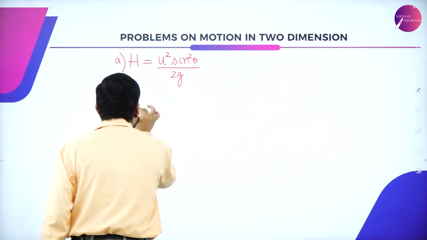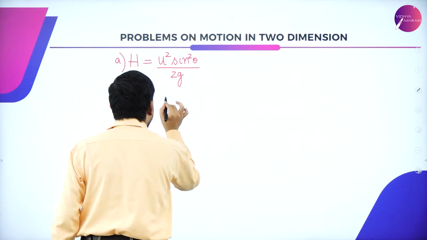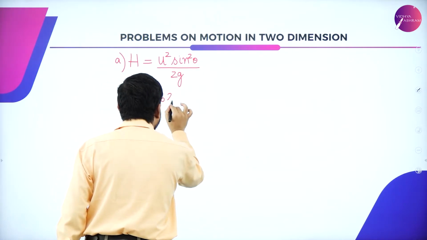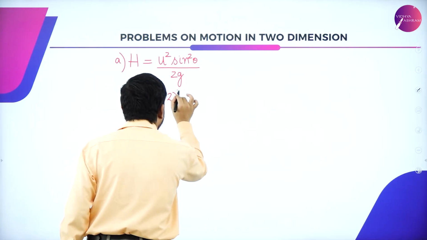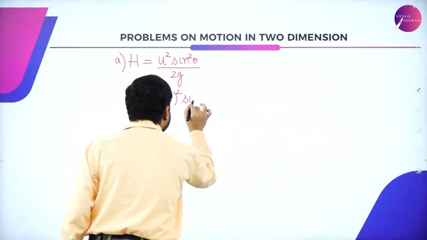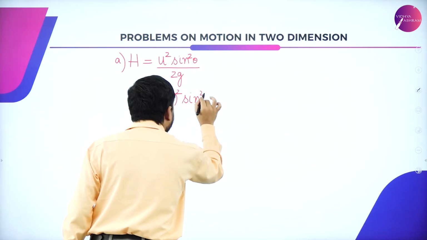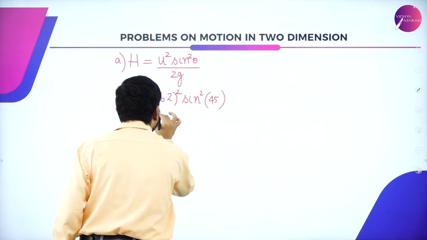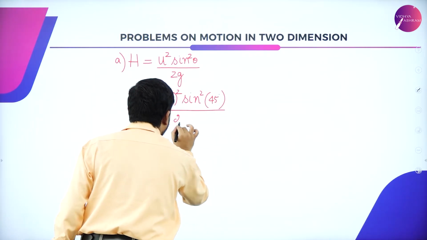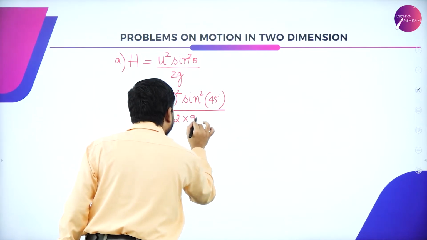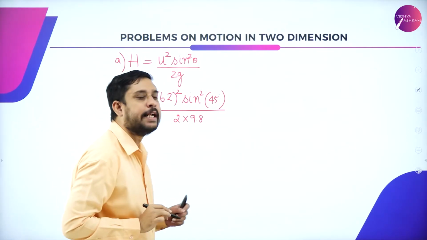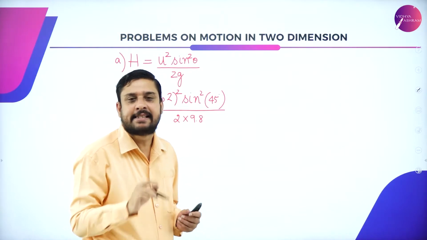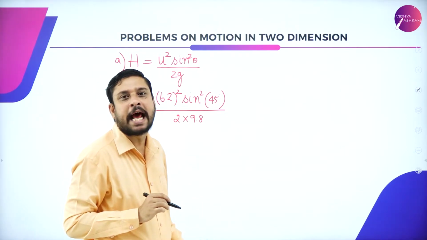So on substituting, u is 62 square. This is sin square 45 degrees divided by 2 into 9.8, g, acceleration due to gravity.